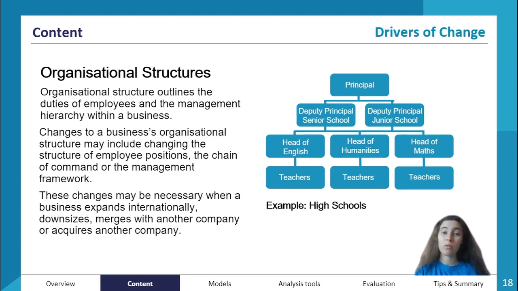So in some schools, you may have just one head of humanities if it's a smaller school. If it's a larger school, maybe you need more people to look after that area because there's lots of subjects within humanities.